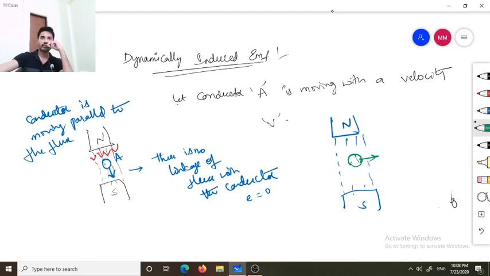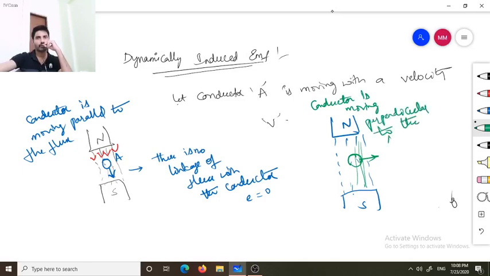What happens here? The maximum amount of flux will pass through this conductor. There is a maximum amount of flux linkage. In this case, the conductor is moving perpendicular to the flux, so EMF is maximum.